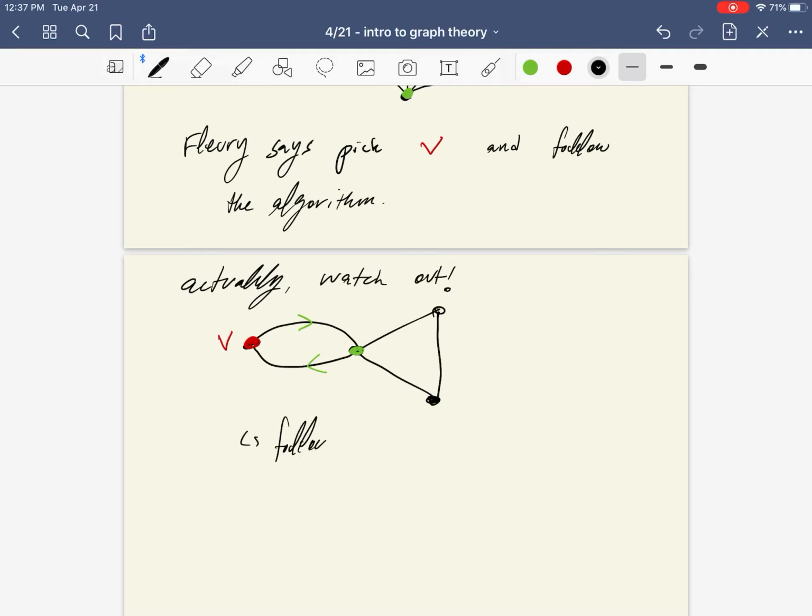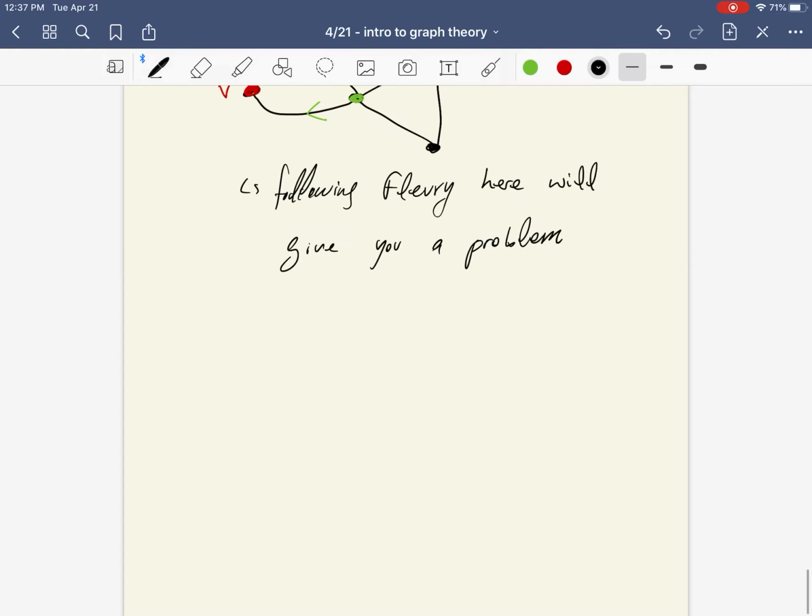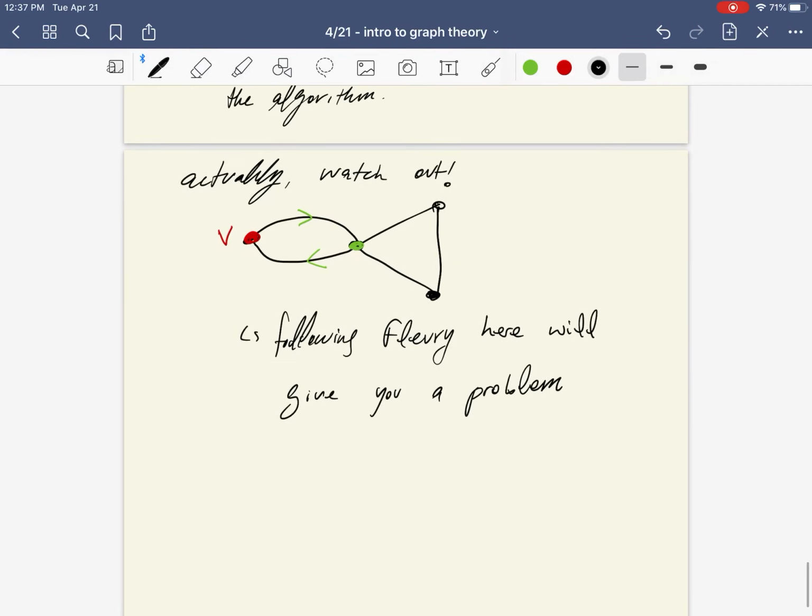Following Fleury here will give you a problem. Of course, we know by Euler that there's still a solution, and that solution is precisely this, right? You go shoop, shoop, shoop, shoop, and you get back to where you started. But that's not what the algorithm told us to do.